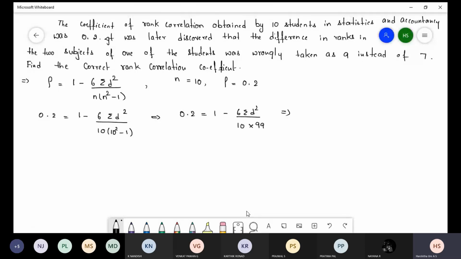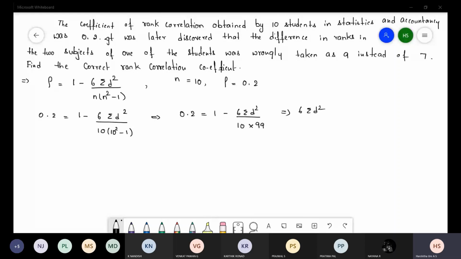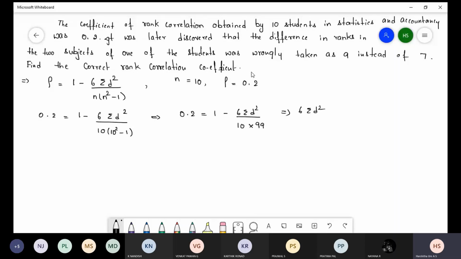I shift this minus 6 into summation of d square divided by 10 into 99 to the left side. So it becomes 6 into summation of d square divided by 990 is equal to 1 minus 0.2. Therefore, summation of d square is incorrect value. By mistake, they have taken the wrong value, that is 9 instead of 7.